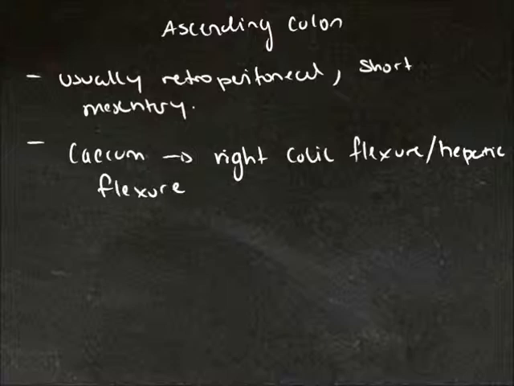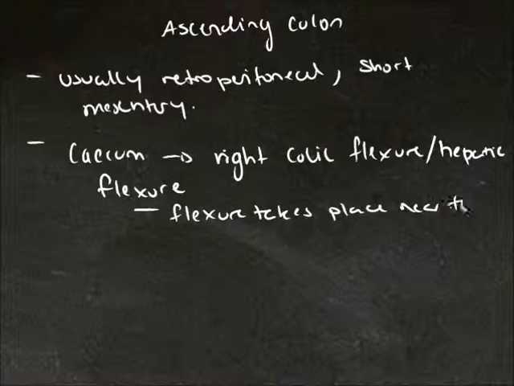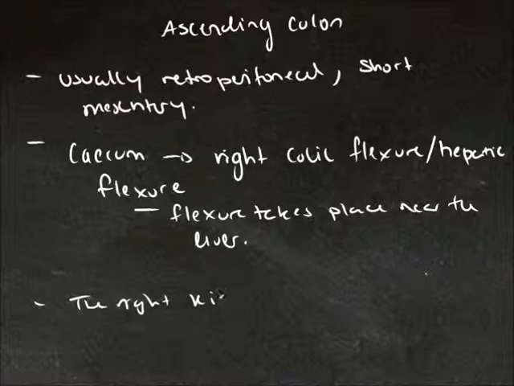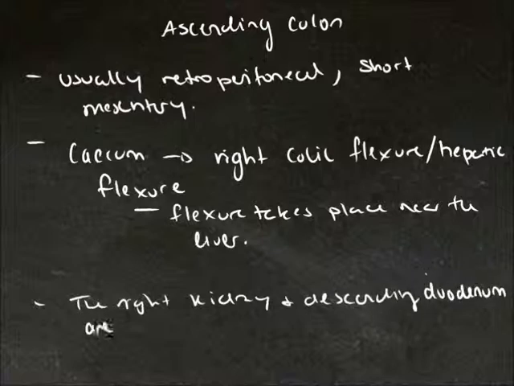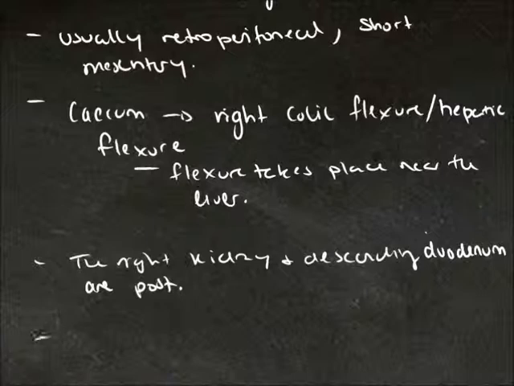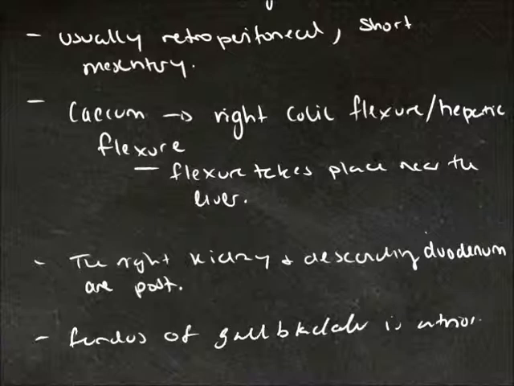This is the flexure that takes place near the liver. The right kidney and the descending duodenum are posterior to the ascending colon. And the fundus of the gallbladder is anterior to the ascending colon.